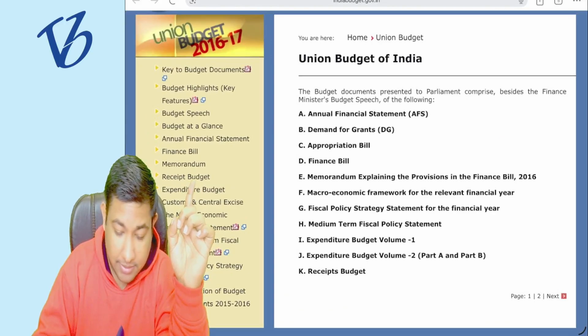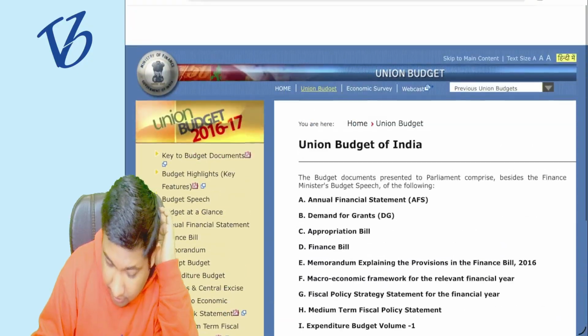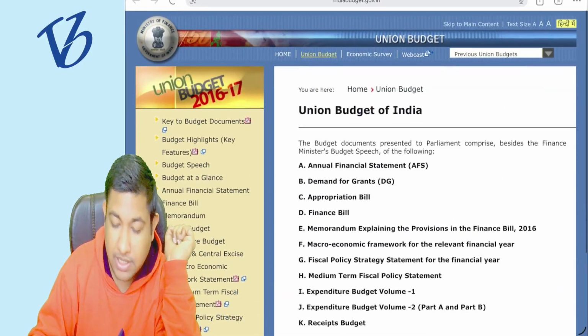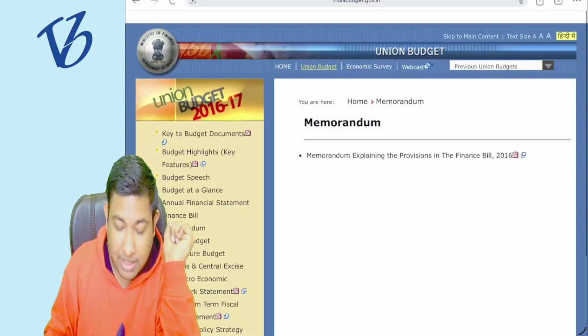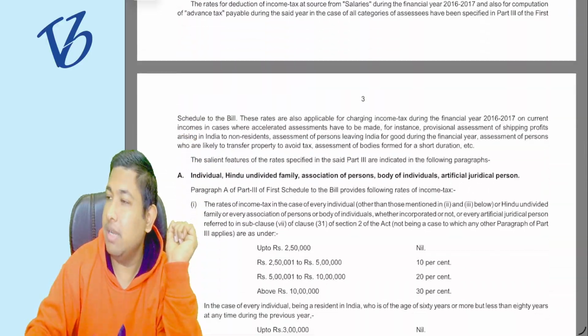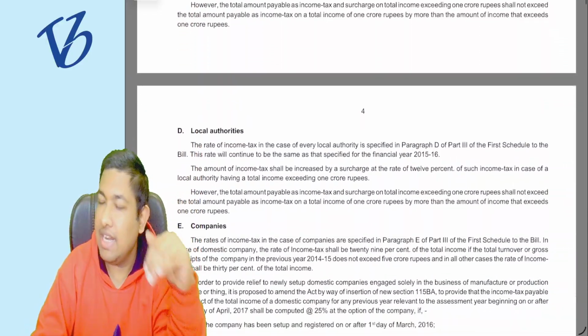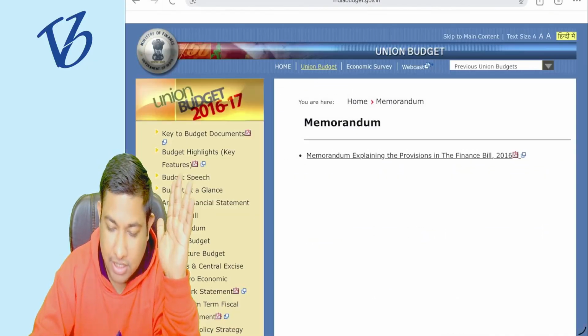Just a second, it is not opening. But in the memorandum explaining, you will find everything here. I'll click on the memorandum explaining the finance bill. See, the memorandum came to me. I can read it and I can know the intention of the lawmaker. Is it clear to you?